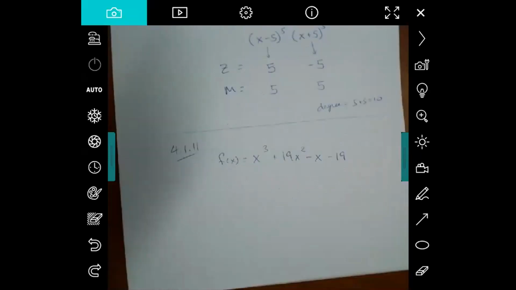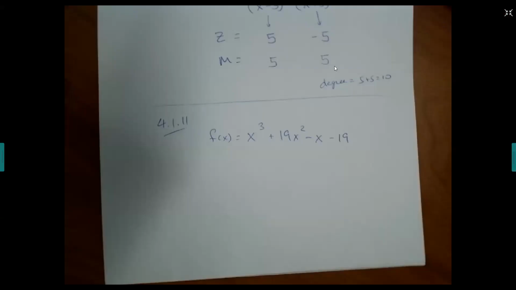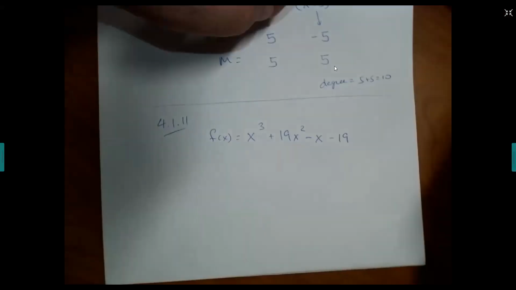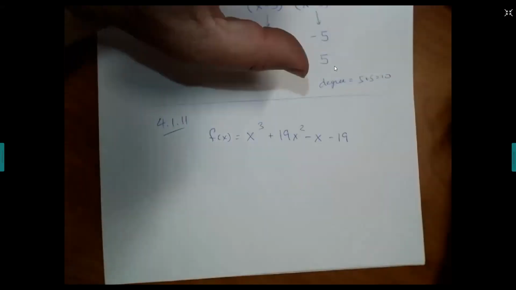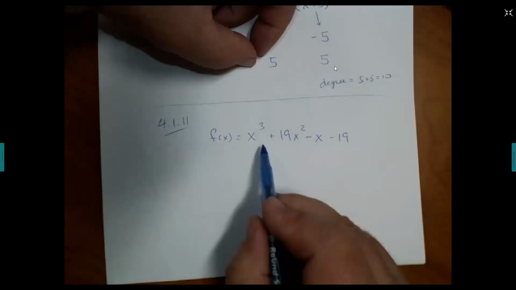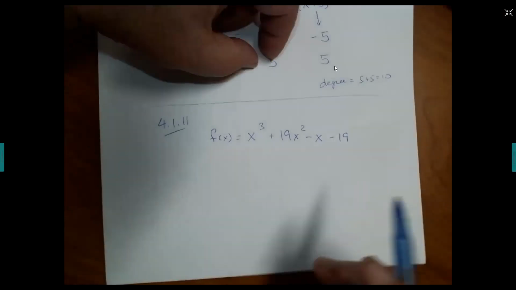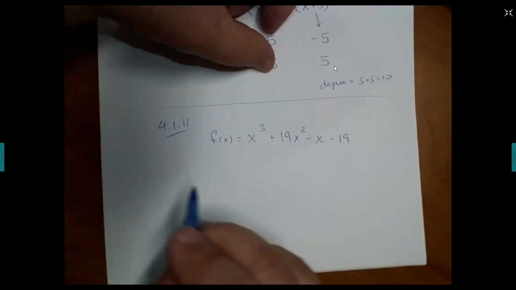Now with this one, find the zeros and multiplicities. We learned how to solve linear equations and quadratics, but now since we have 4 terms, we have another method to introduce. It's called grouping.